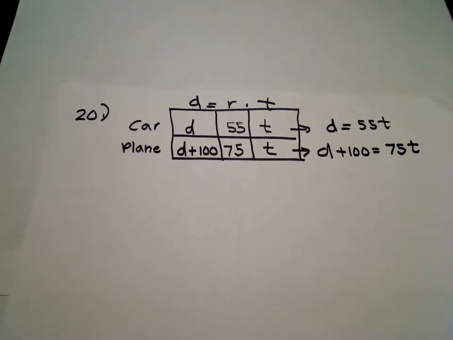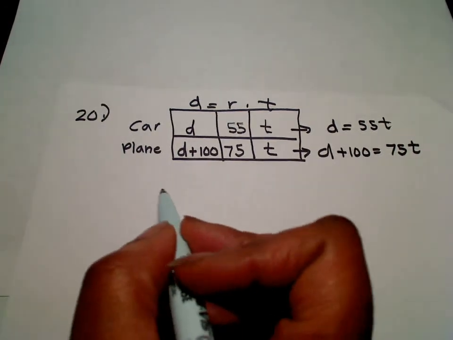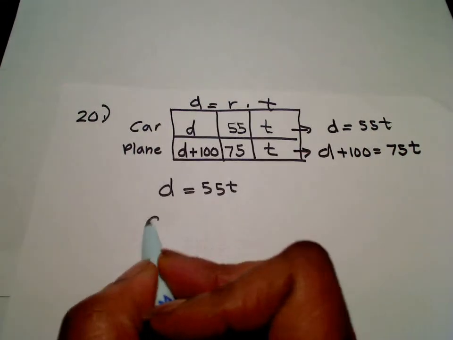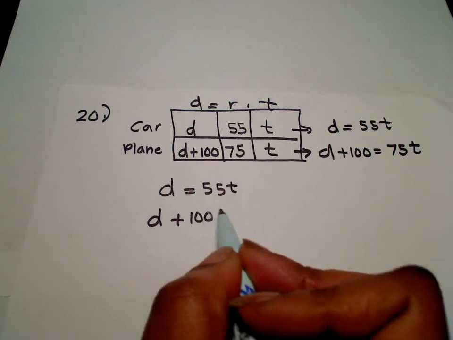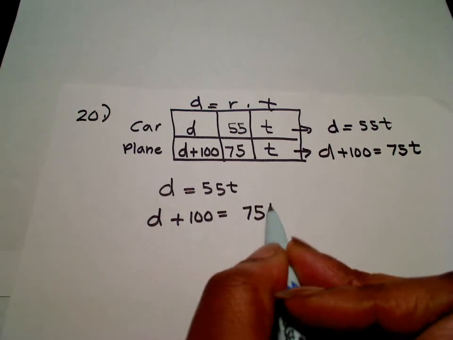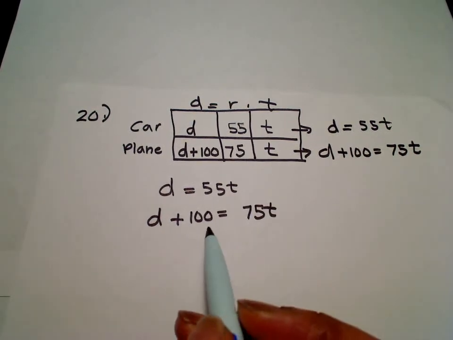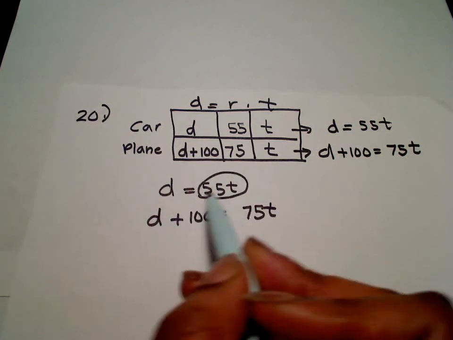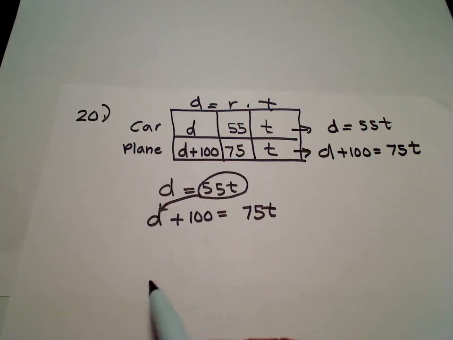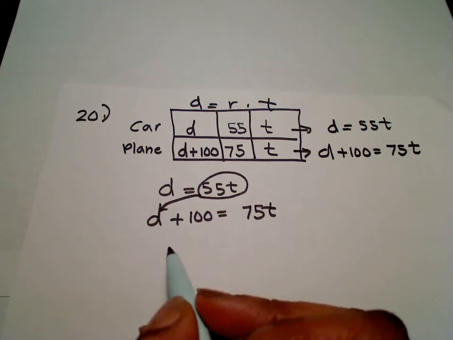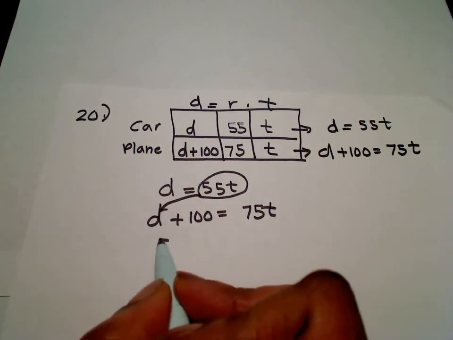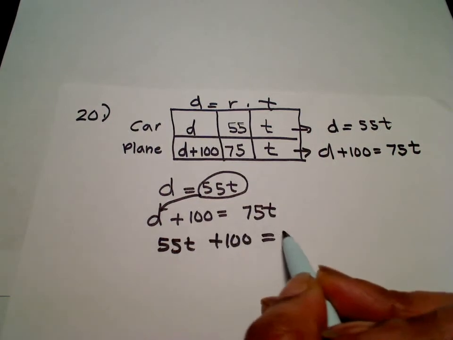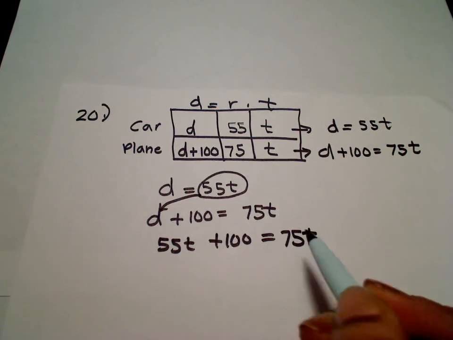Okay, so let's go on. We have two equations. Let's say we have this one and we have this one. Once again, since this is D and this is D, I can take this and substitute it in place of my D. So what do I have? I would end up with 55t plus 100 equal to 75t.